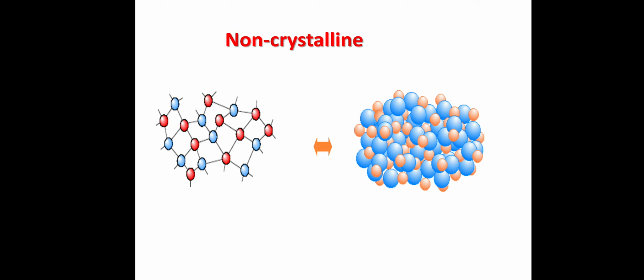So we are observing the disorderliness, right? And of course, there are some solids like B2O3 which exist in both crystalline as well as amorphous form. Very few solids exhibit both crystalline as well as amorphous status.